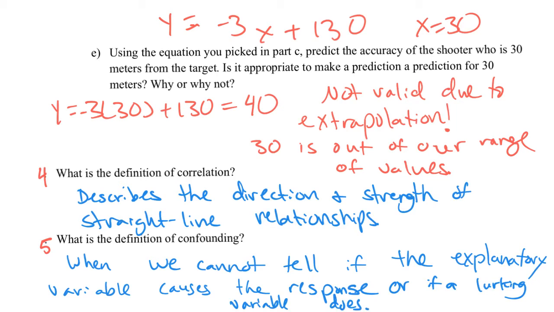So confounding, we can't tell whether it's the explanatory variable or a different lurking variable that's causing the change in the response.